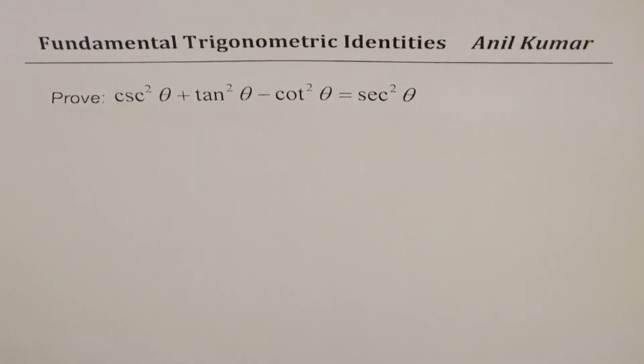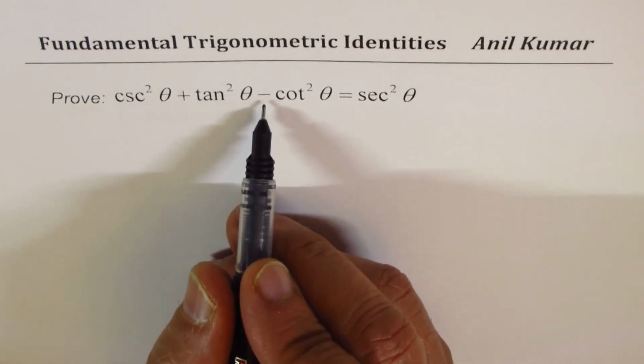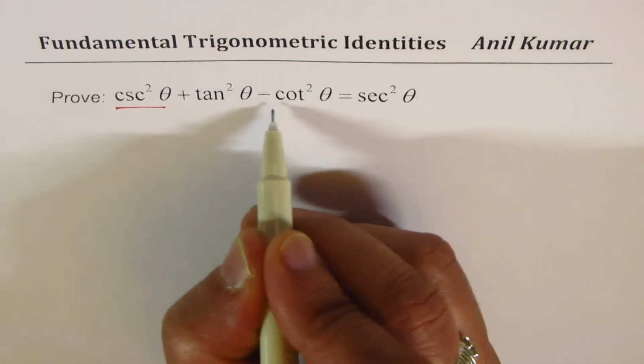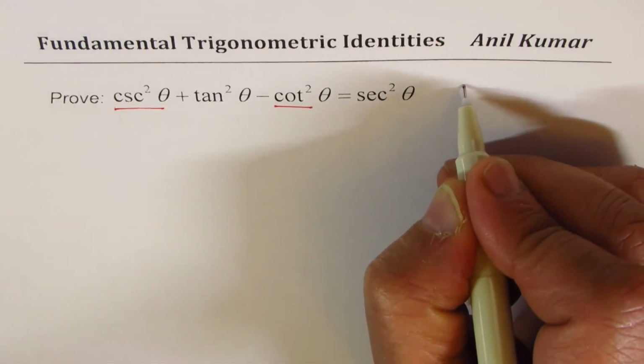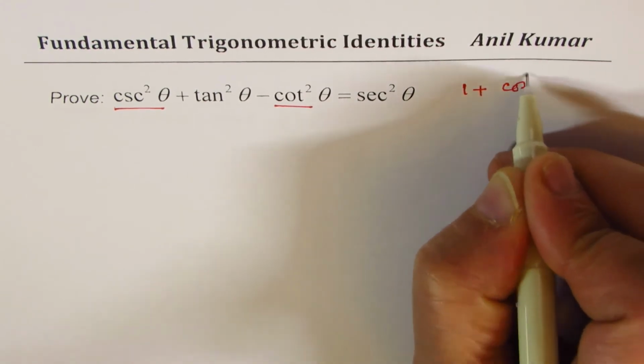The next here is cosecant square theta plus tan square theta minus cot square theta equals to secant square theta. What strategy should we use? If you look at these terms, do they remind you of something? Well, we know what is 1 plus cot square theta.